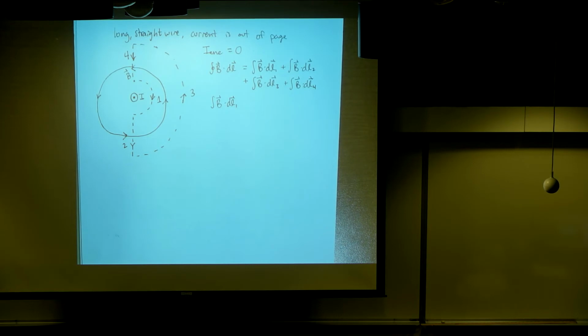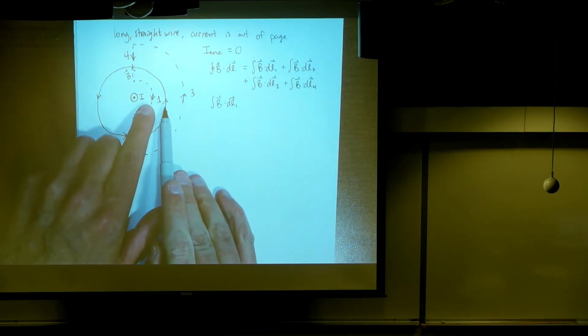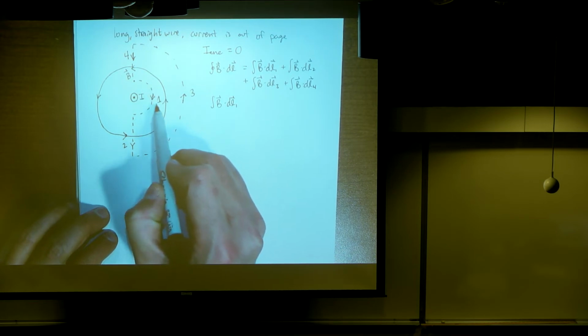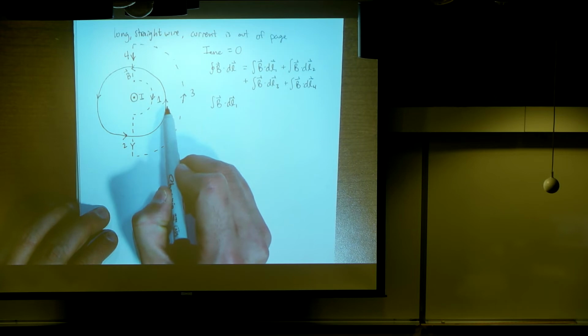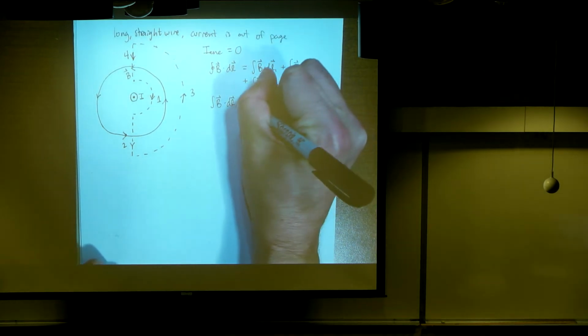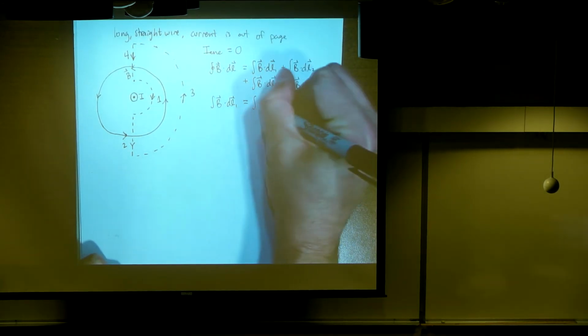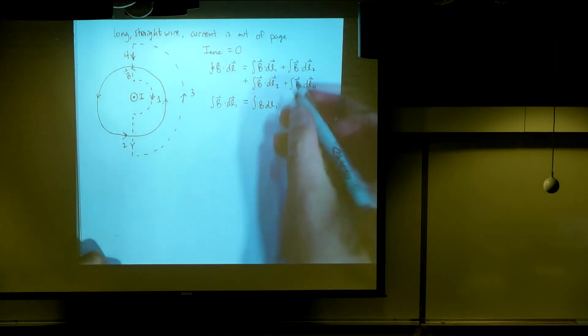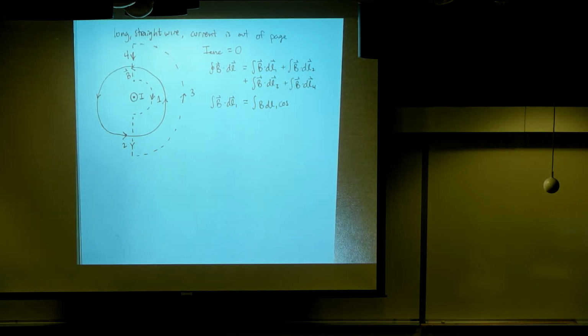Okay, now first of all, our dL, our little piece of the path, is going down. See that for segment number 1? Whereas the B field is going up. So when we take the dot product, remember this is the same as saying B times the magnitude of dL1 times cosine of some kind of angle, right?